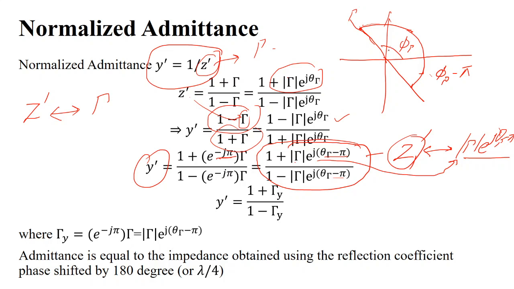It's easier in the Smith chart: by rotating by 180 degrees, or lambda by 4 wavelength, you will get the admittance. So this is how it says here: the admittance is equal to the impedance obtained using the reflection coefficient phase shifted by 180 degrees or lambda by 4. So you can directly find the admittance here.